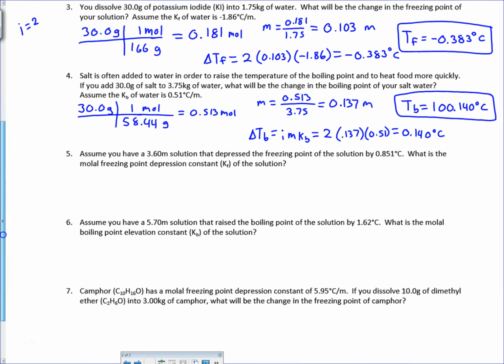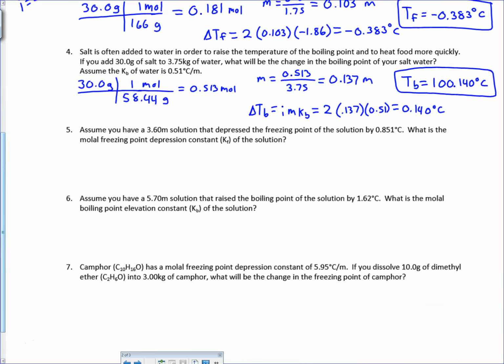Number 5. So this one says we've got a 3.6 molal solution. It wants us to calculate Kf. It tells us the freezing point was depressed by 0.851 degrees Celsius. On this one, I didn't tell you in the problem, but you should assume i equals 1 because it doesn't tell you what the solute is, so you don't know what it would be. So you just plug this in. Change in freezing temperature equals i times m times Kf.